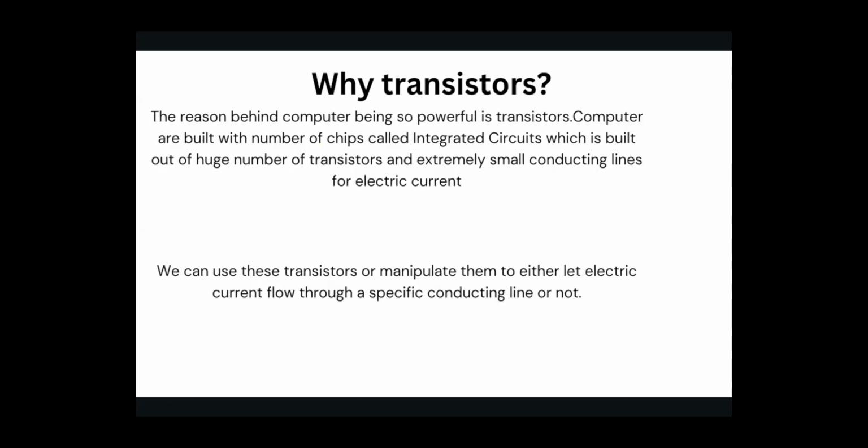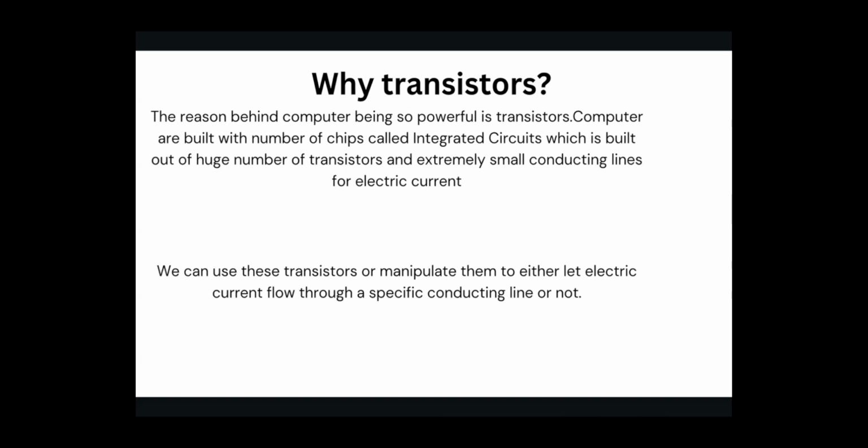Now we talk about transistors, but why transistors inside the computer? The reason behind our computer being so powerful is that computers are built with a number of chips that we call integrated circuits, and these integrated circuits are built with a lot of transistors. They are like small conducting lines that help the electric current flow through, and we use this electric current as a switch.